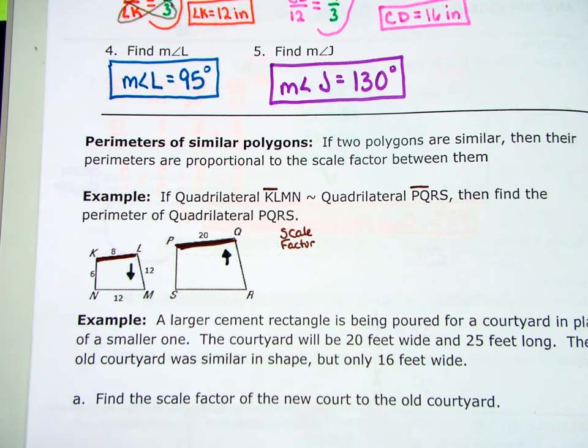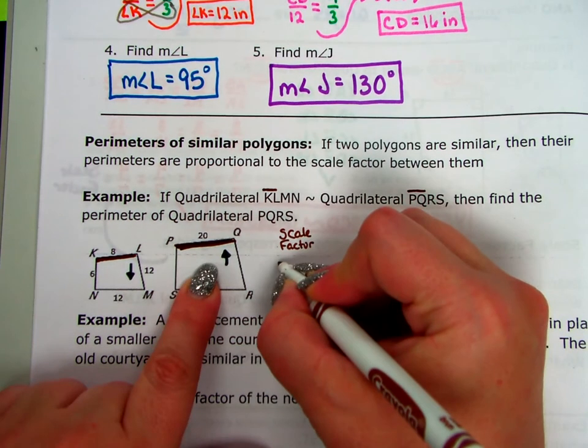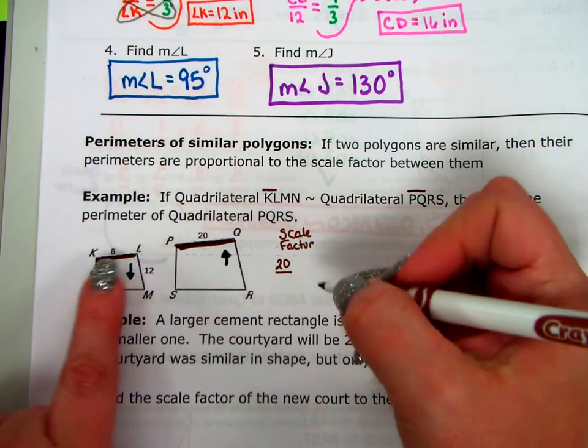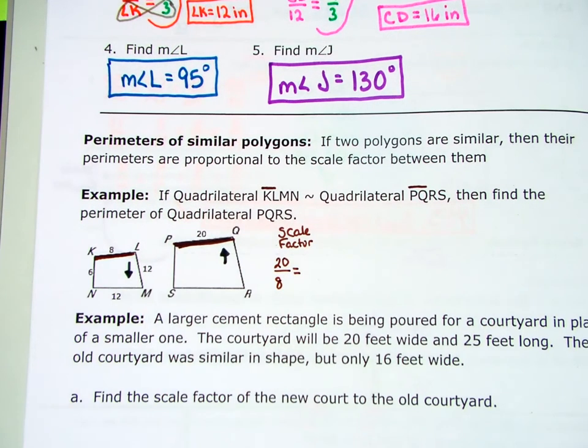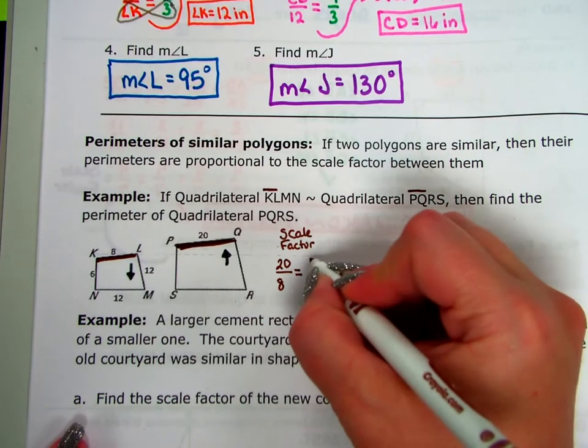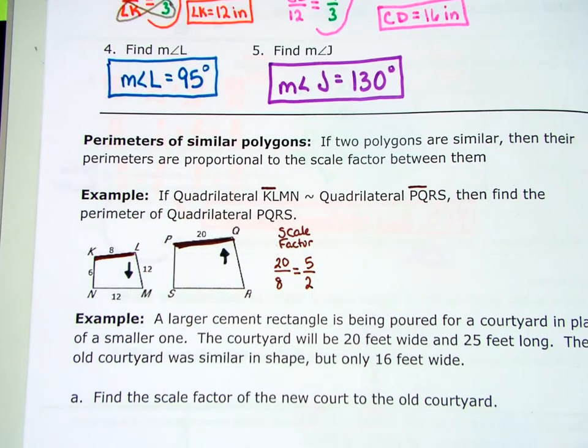All right, so that means my 20 I'm going to put on top. And the 8 I'm going to put on the bottom. And then I'm going to reduce it to find my scale factor. What's my scale factor? 5 over 2. Okay? The perimeters will also reduce to 5 over 2.